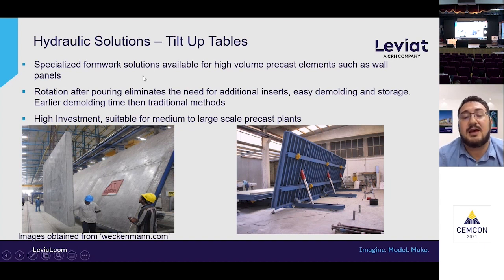They allow the panels to be poured flat, and then the formwork itself tilts and rotates, which makes demolding a lot easier, and also storage, because it allows earlier demolding time, because you're not relying on the concrete sheet capacity during lifting. And that does increase efficiency because you can then turn over more volume in the same amount of space.